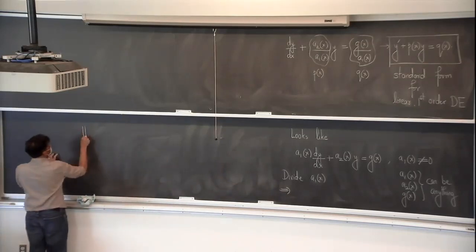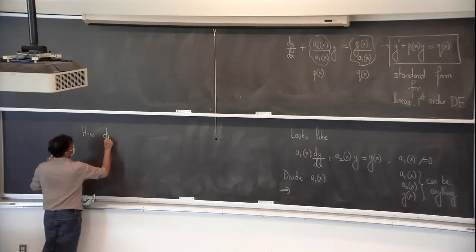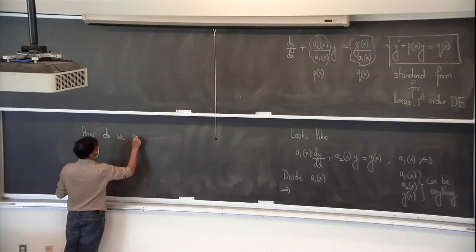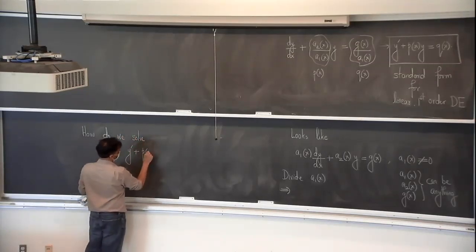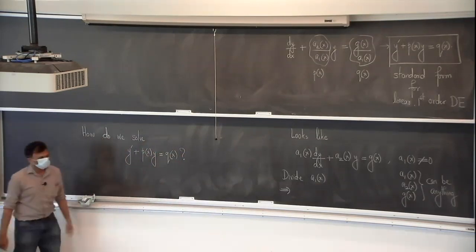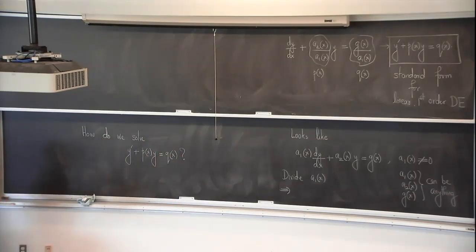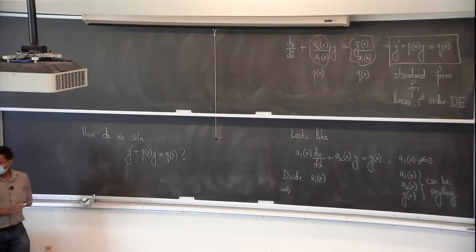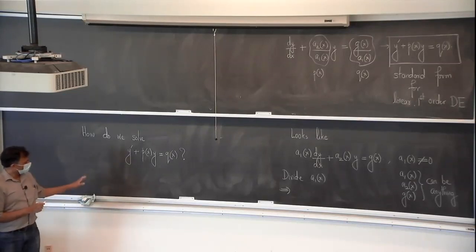So how do we solve y prime plus p of x times y equal to q of x? In general, this equation is not separable.